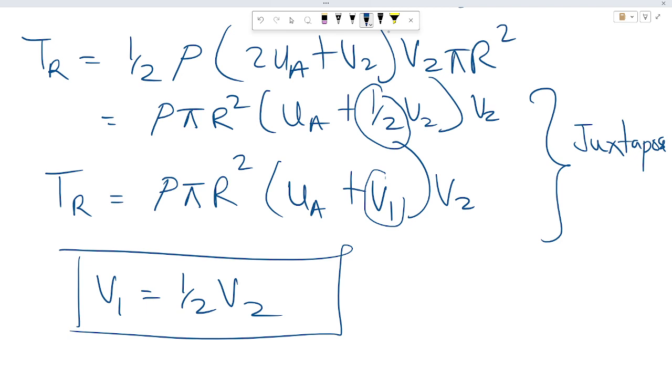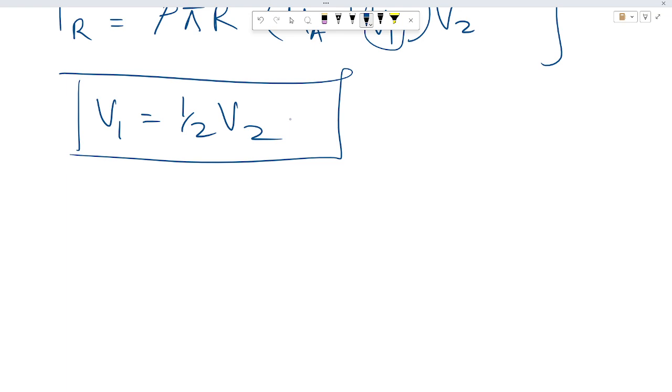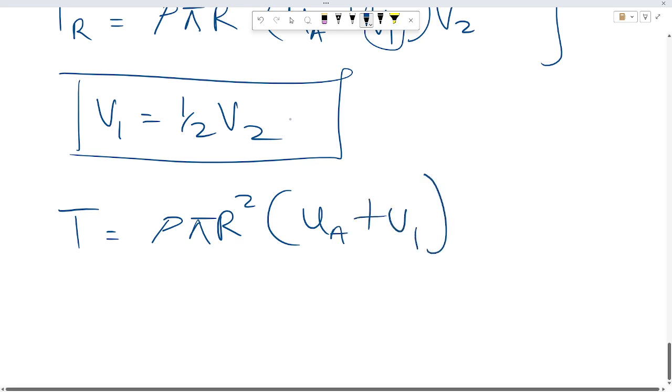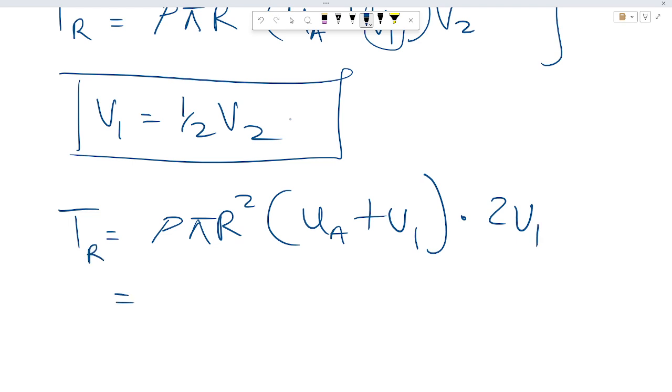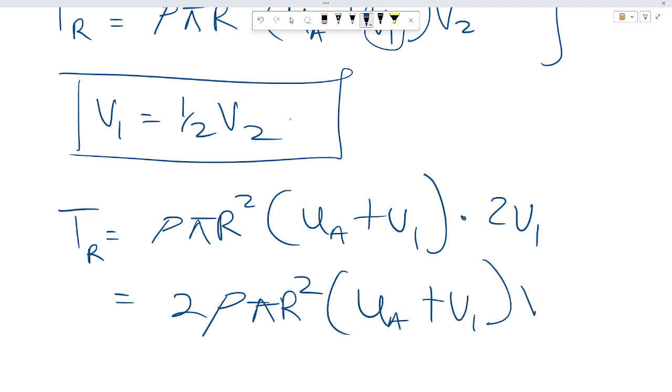So therefore, thrust now equals rho pi r squared, UA plus V1, 2V1, which equals 2 rho pi r squared, UA plus V1, V1.